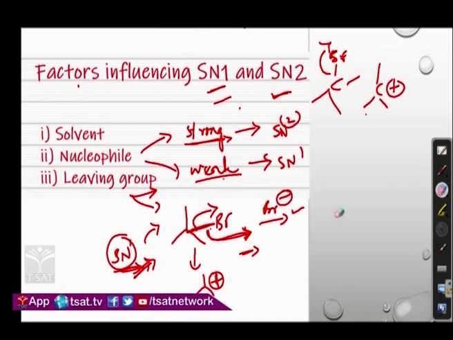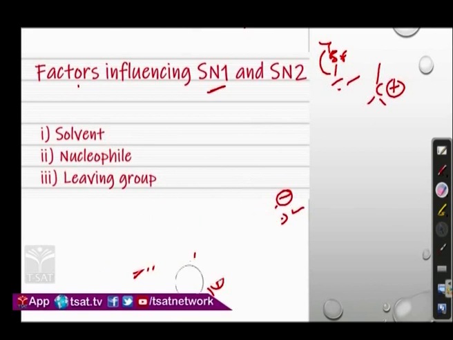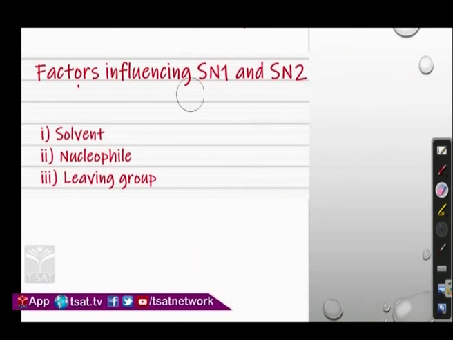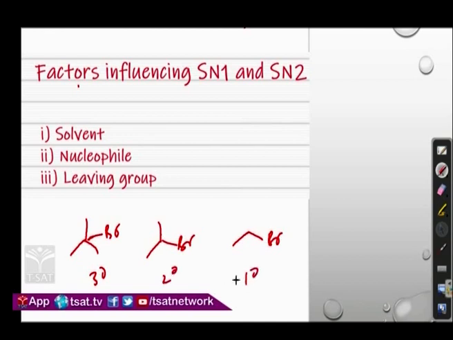So next condition, stability of the carbocation or substrate. If I take a tertiary, secondary and primary alkyl halide, the primary alkyl halide gives a primary carbocation, which is less stable; the secondary carbocation is more stable, and the tertiary carbocation even more stable.